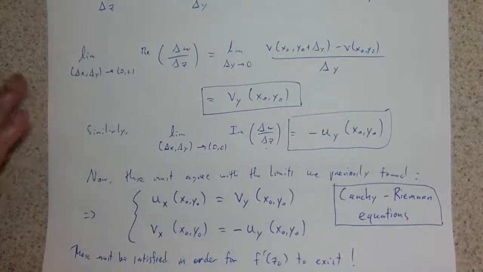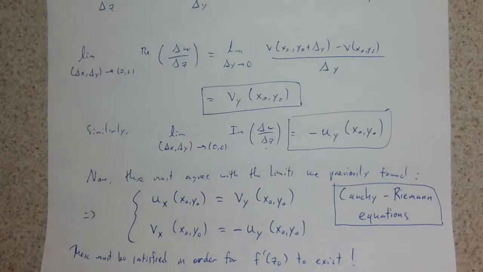So that is what we have shown. And this is just because we know that that limit has to equal the same thing regardless of what path of approach you used.